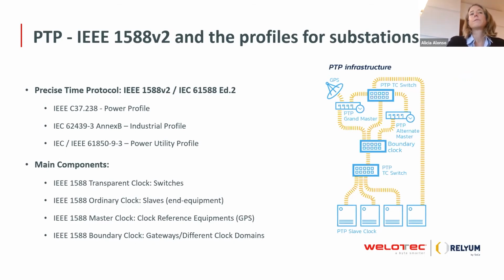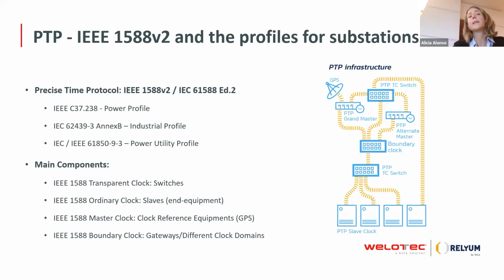So for substation automation, the profile that defines how to implement synchronization is known as power profile. This profile was defined originally in the standard IEEE 37.238. In parallel, the group that was working on the definition of HSR and PRP protocol in the standard 62439 defined the Annex B, one specific annex for explaining how to implement PTP over HSR and PRP networks.